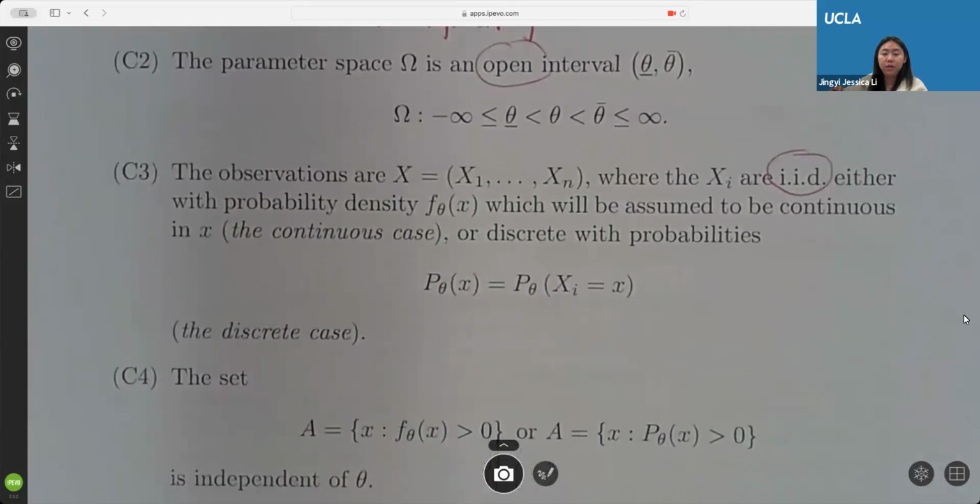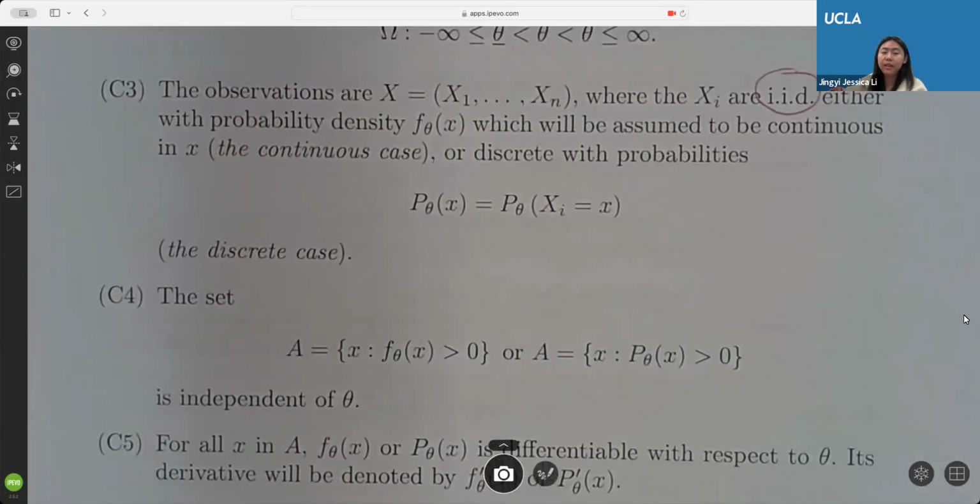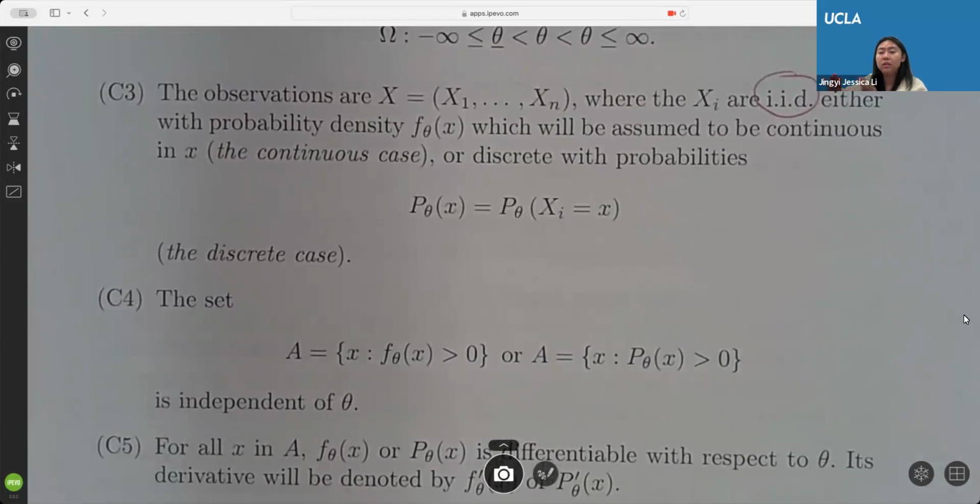And the fourth assumption is that you want the support of your distribution, the non-zero support, to be independent of your parameter value. And this is something we didn't actually have for that spike thing in that mixture distribution, right? For that one, your theta changes the support, where you have non-zero density values, but just for that part, not for the uniform part.